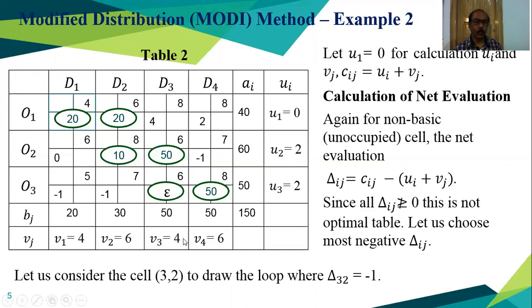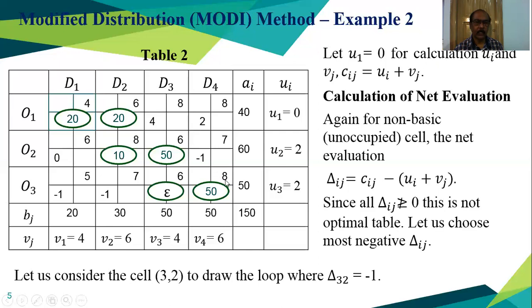Since this is 4, in the same column, our dummy allocation, epsilon in the cell 3, 3, cost is 6. So 6 minus 4 equal to 2. So U3 is equal to 2. As U3 is equal to 2, in the same row, in the 3, 4, cost is 8.